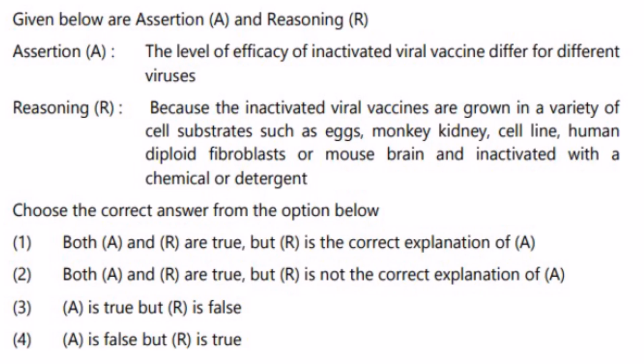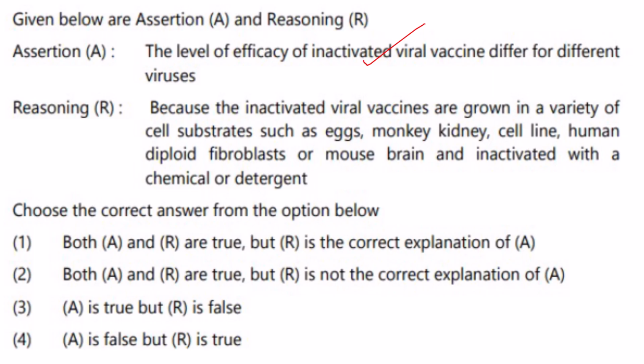Then given below are assertion and reason. The level of efficacy of inactivated viral vaccine differs for different viruses. Yes, that statement is correct. Now why? We will see the reason. Because the inactivated viral vaccines are grown in a variety of cell substrates such as eggs, monkey kidney cell line, human diploid fibroblast or mouse brain.